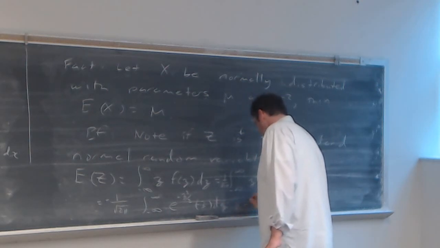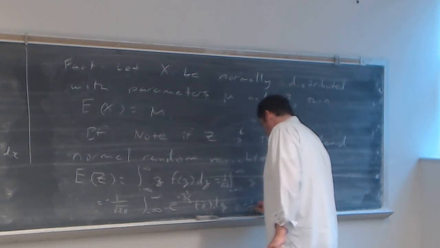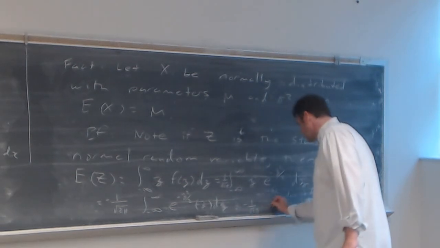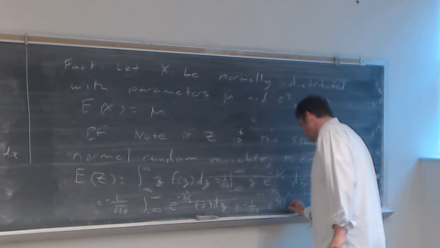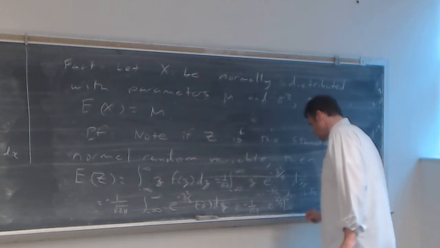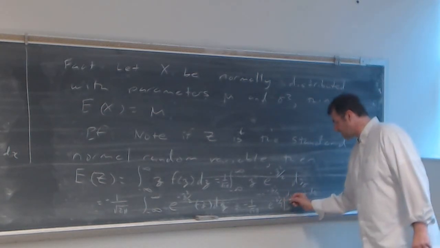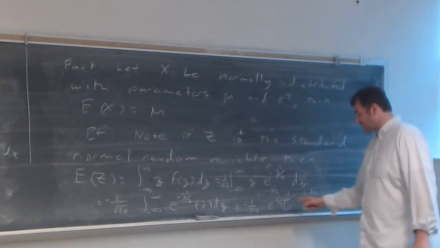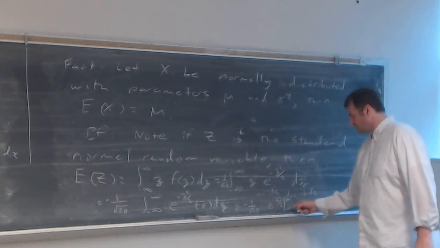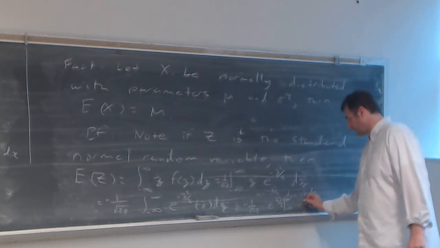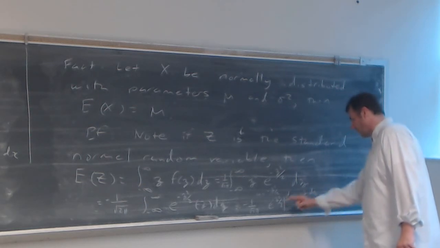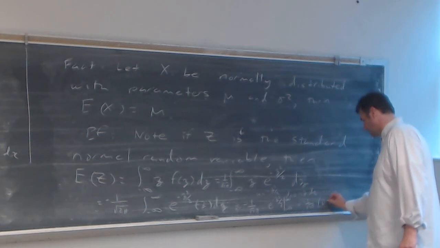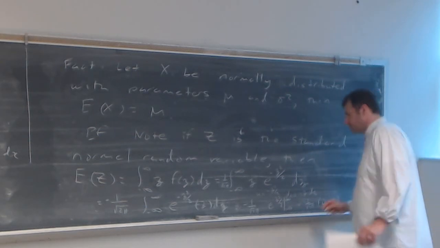which we can rewrite as minus 1 over the square root of 2 pi times the integral, which is e to the minus z squared over 2, evaluated from minus infinity to infinity. When you let z go to infinity, this is going to go to 0. So we end up getting minus 1 over the square root of 2 pi times 0, and that's just 0.